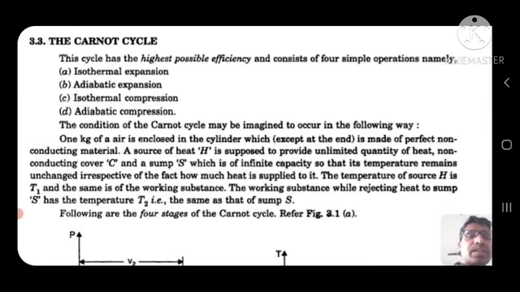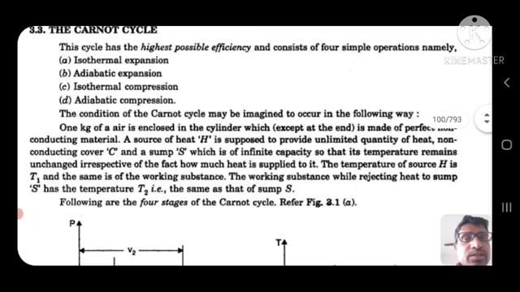The Carnot cycle. This cycle has the highest possible efficiency and consists of four simple operations, namely isothermal expansion, adiabatic expansion, isothermal compression, and adiabatic compression. Isothermal expansion: 1 kg of air is enclosed in the cylinder, which is made of perfect non-conducting material.